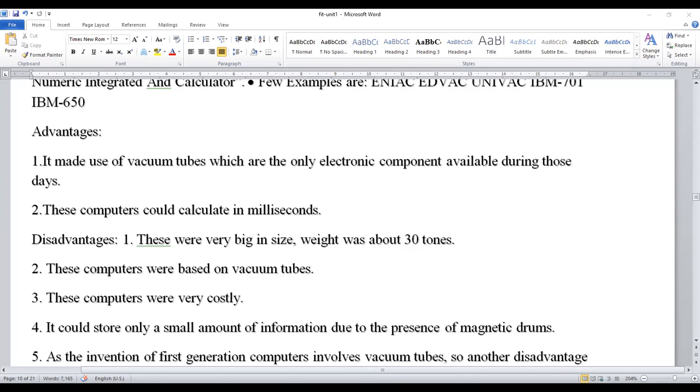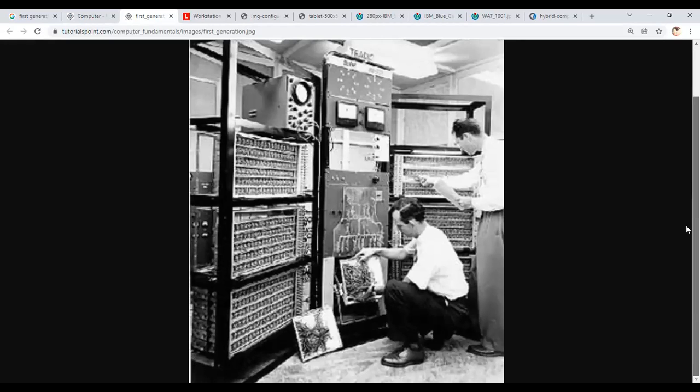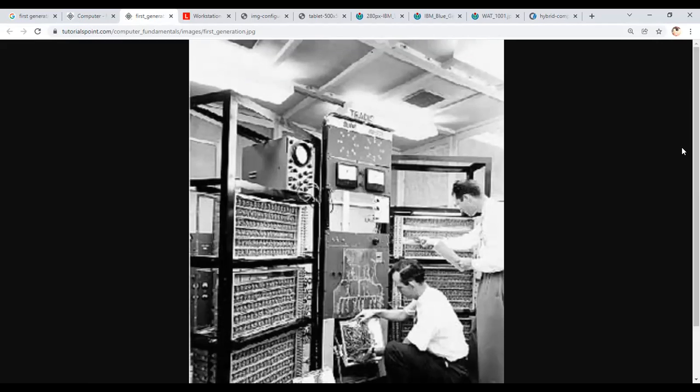More than that actually. You're seeing only the front part, but actually its size is much bigger. So this is the first generation computer. It was totally different when compared to now.